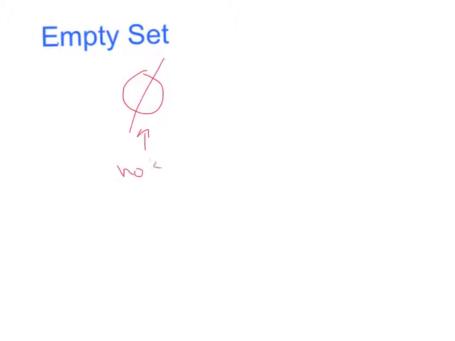Called an empty set. And we've talked a little bit about this before in saying that the no solution, which is this, the 0 with the line through it, actually is a fancy way of saying it's the empty set.